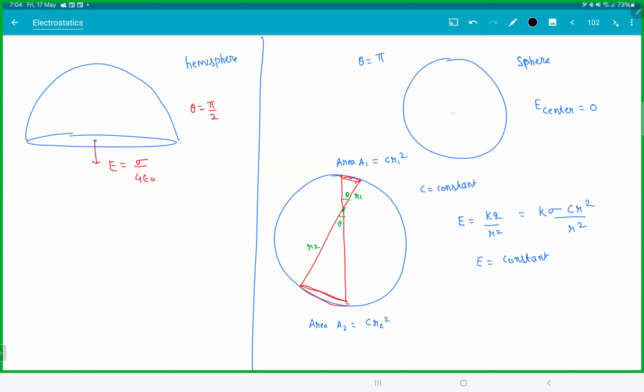If you take randomly any point in the sphere, the field due to this point and the field due to this point will always cancel. Therefore, E due to area A1 and A2 cancel out. Therefore, the field inside is 0. Field at any point inside the sphere is 0.